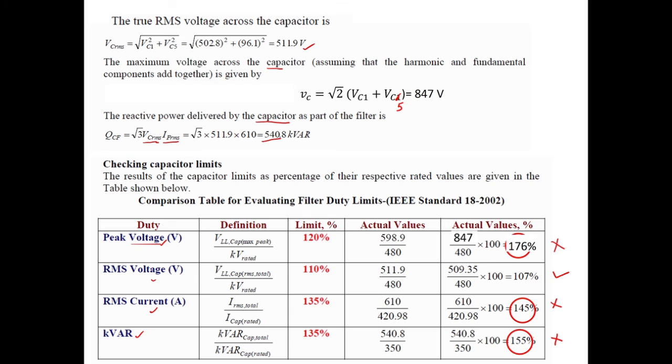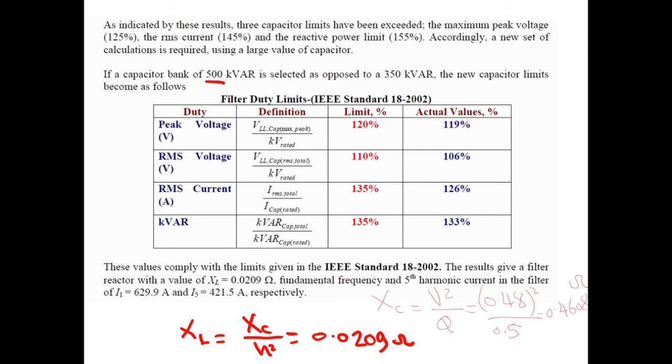Since it does not satisfy the limit, we need to change the capacitor, maybe choose not 350. So let us choose a bigger one. How about if we choose 500 instead of 350?